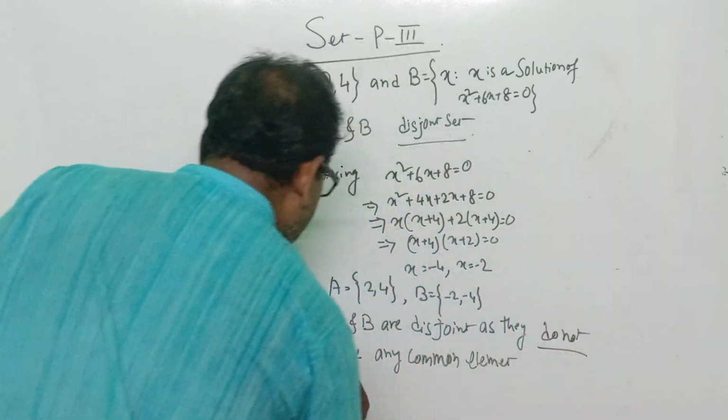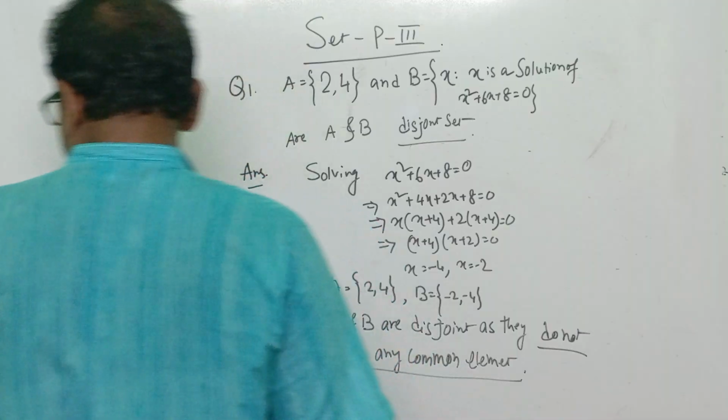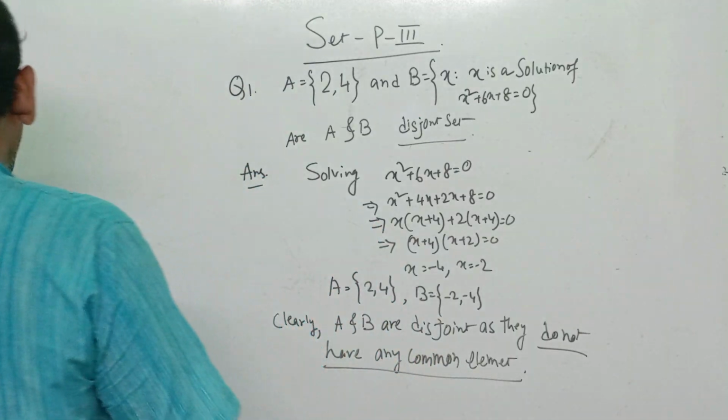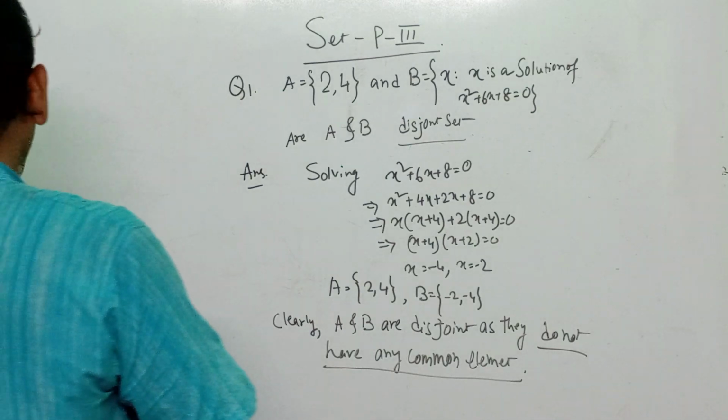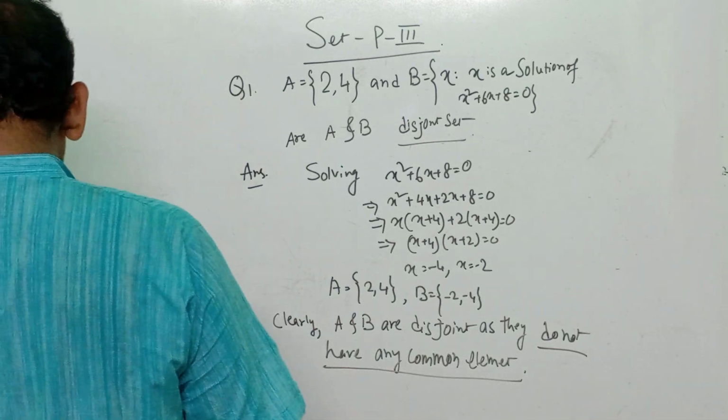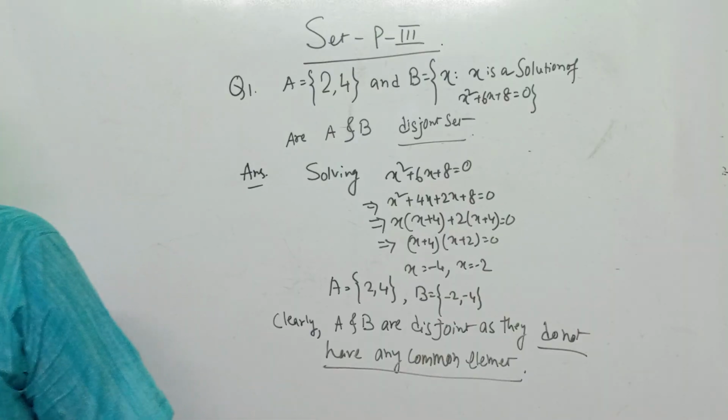Now, this is the main thing. They do not have any common element. Clear? So we write that these are disjoint sets.